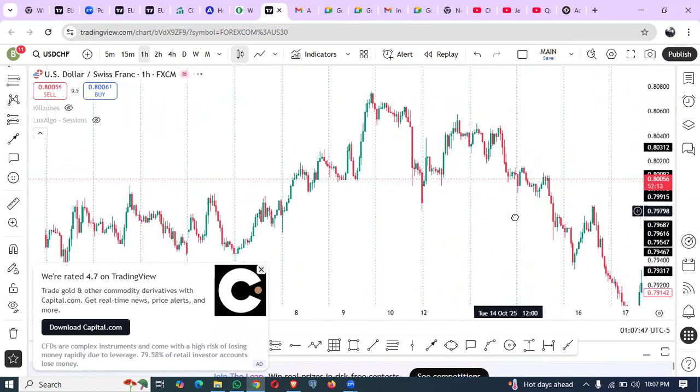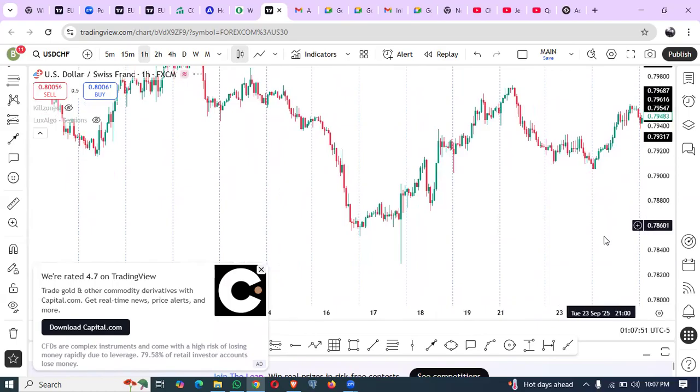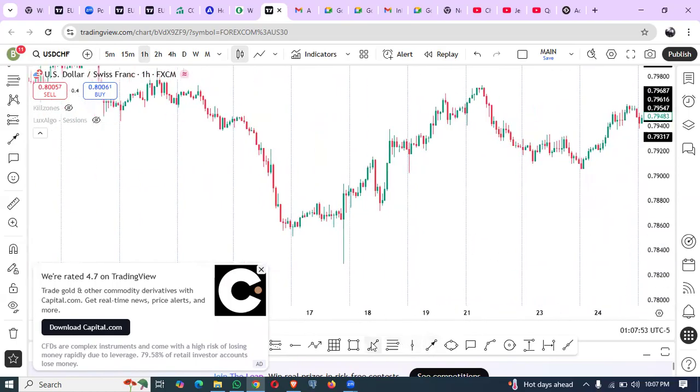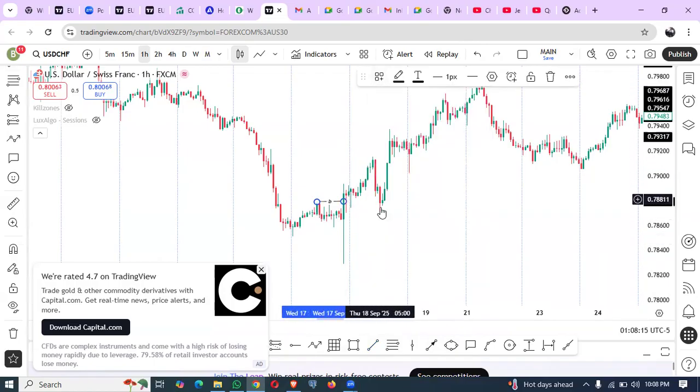Let's go again. We had this impulsive push, correction, impulse. Broke above here, your B1, corrected, went up again.